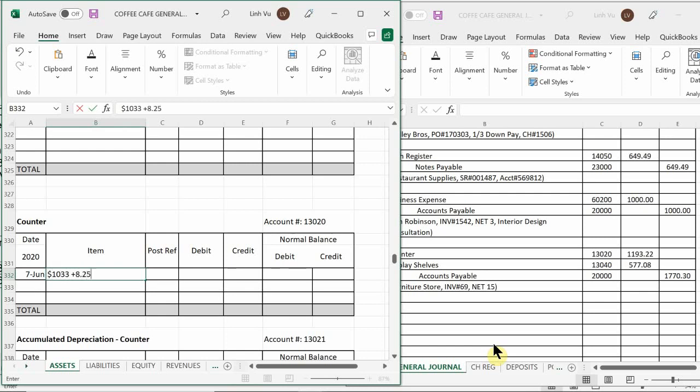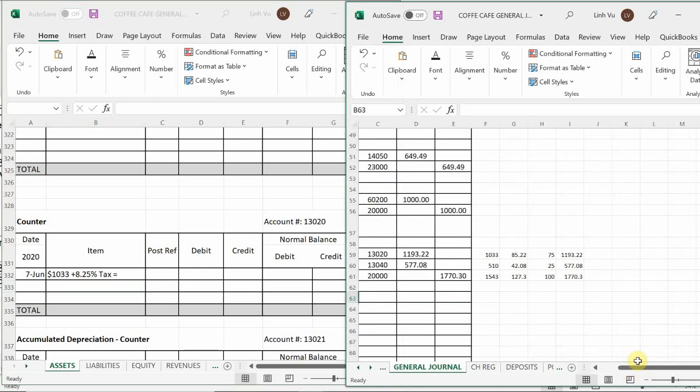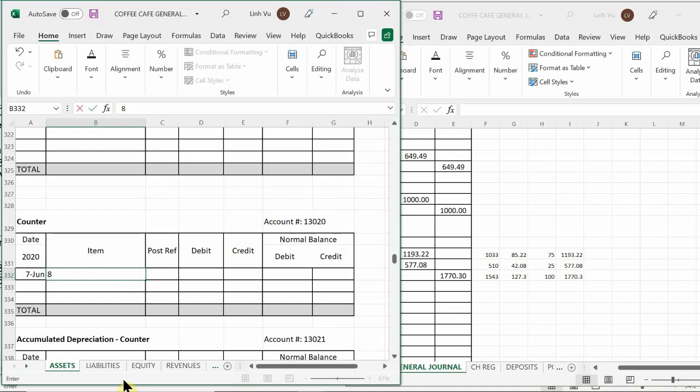You can put all the information here for the counter that cost you $1,033 plus 8.25% tax, which came out to be $85.22, plus $75 for freight.